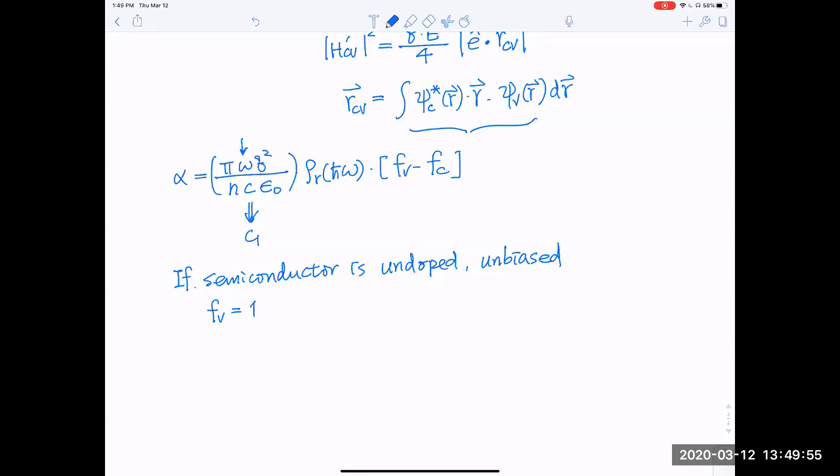So f_v is equal to 1, f_c is equal to 0. It is just unbiased, so all the states are fully occupied in the valence band. In this case, f_v minus f_c is simply equal to 1. So at this point, you get maximum absorption.